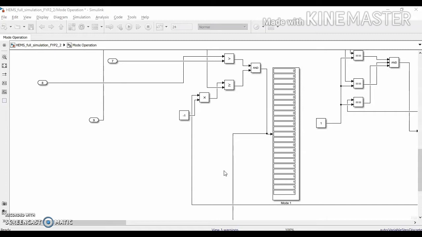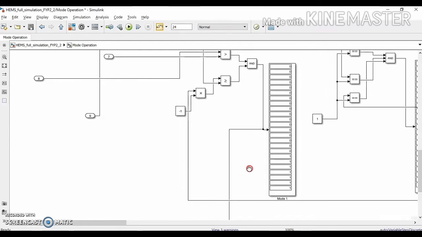In mode 4, shiftable load will fill the valley, and the last is mode 5, the load profile remains unchanged. For example, for mode 1, 0 represents no and 1 represents yes.